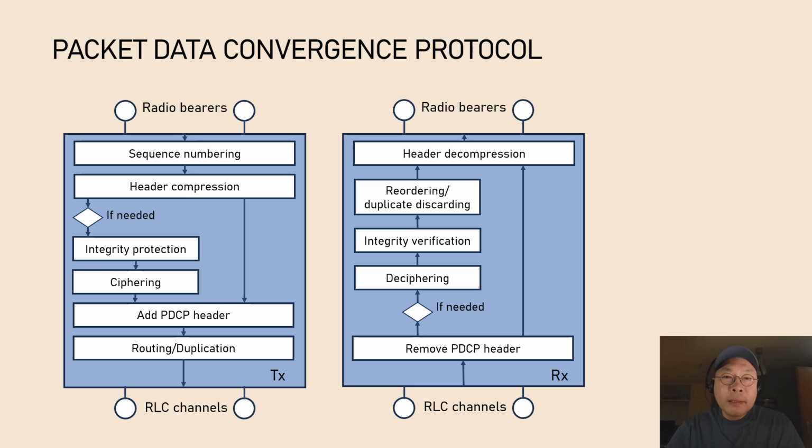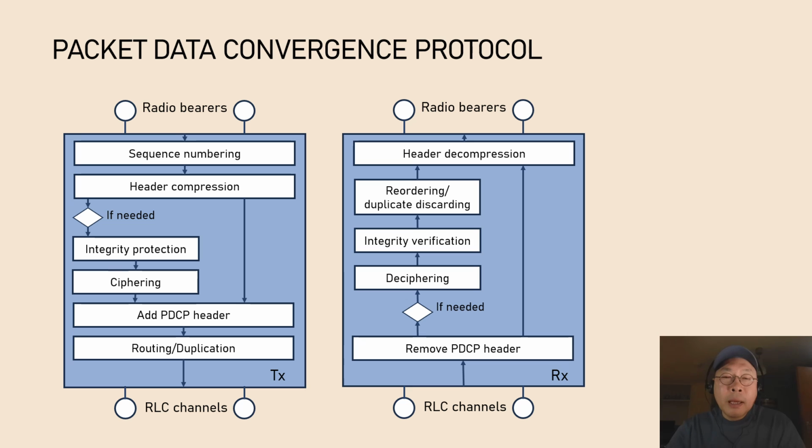On the right, in the RX path, the process is reversed. The PDCP header is removed, and if ciphering and integrity protection were applied, deciphering and integrity verification are performed.